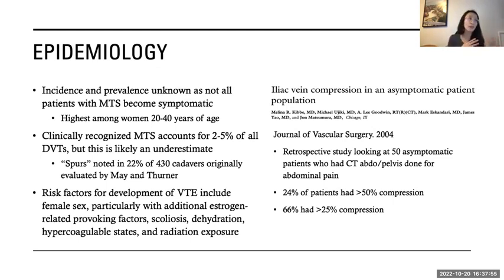Some papers, which I'm not going to go into today, indicate that maybe patients with MTS have a higher prevalence of these hypercoagulable states and hereditary thrombophilia specifically compared to other patient populations, but I didn't go into that much further for this paper.